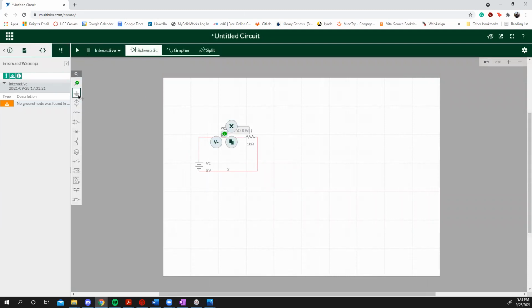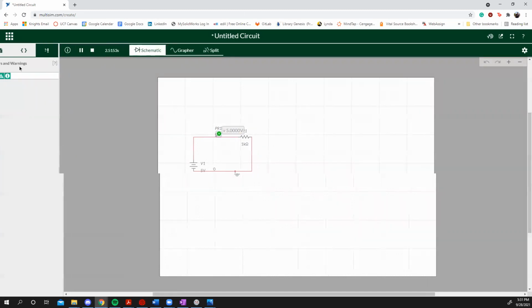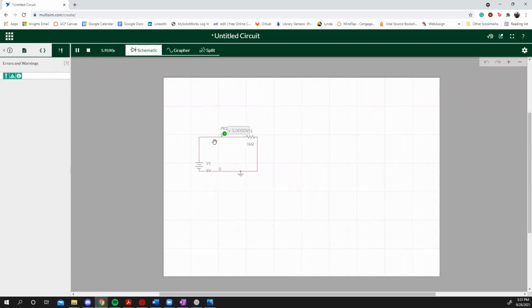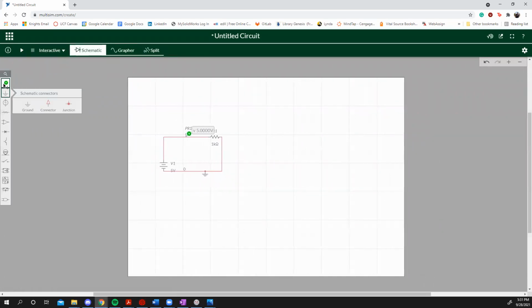Well, there's no ground. You always need to put a ground. Now it tells you the voltage across. You're able to find the current as well. Five milliamps. 5/1000. Yeah.